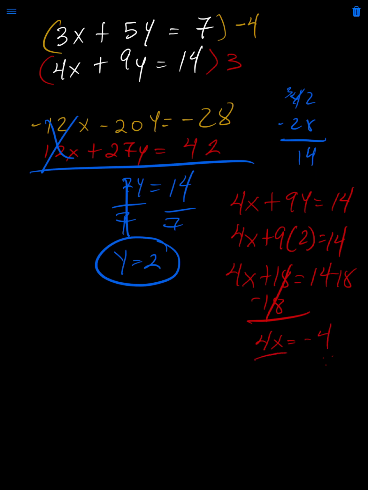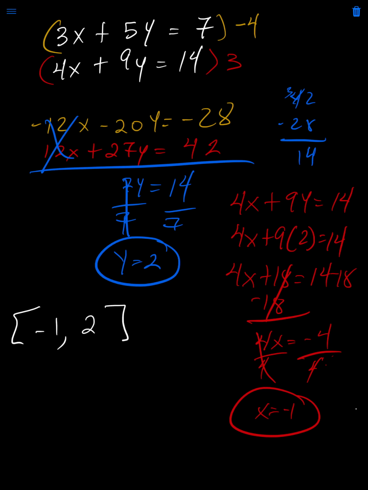Subtract both sides by 18. So 4x is equal to -4. Divide both sides by 4. So x equals -1. So my solution ends up being -1 and 2.